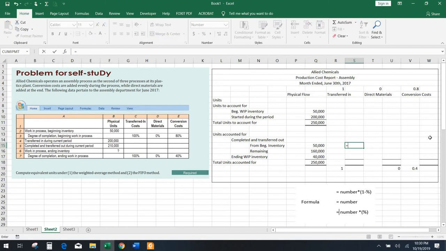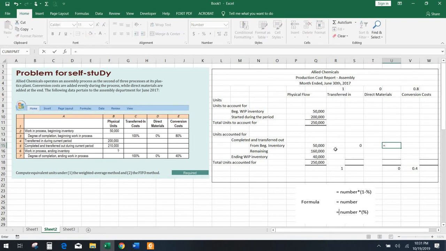So we follow the formula. This equals the number multiplied times 1 minus the percentage, close parentheses, and it's 0. And as you can see here, we followed the formula. The number multiplied times 1 minus the percentage. Okay? So we actually can copy that formula across, but I'm not going to, but let's just do it again.